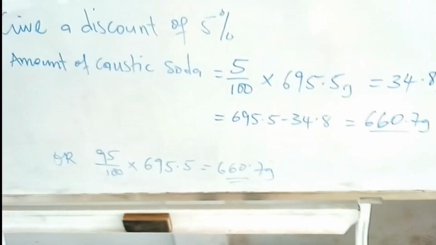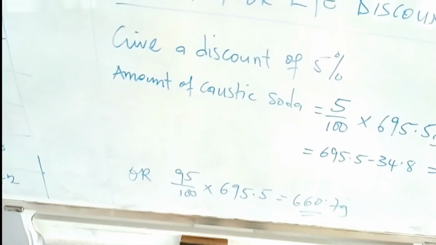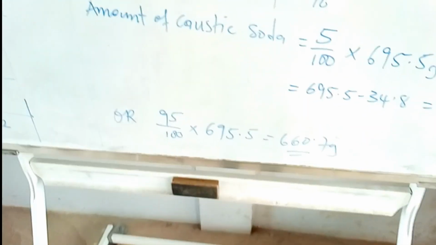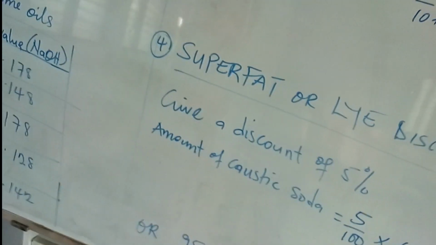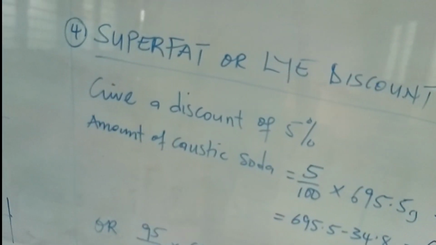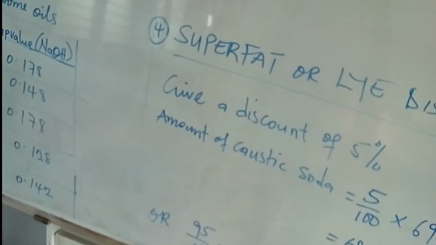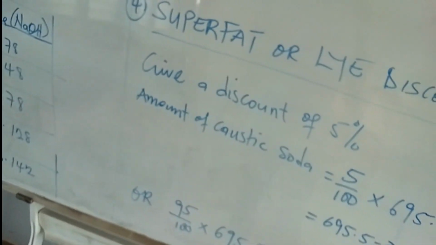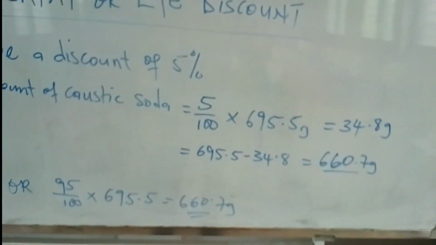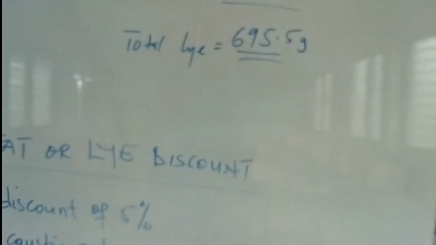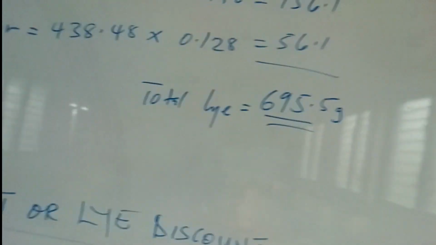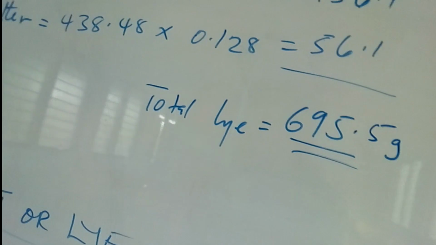So for this example, we'll be using a lye discount of 5%. With the lye discount of 5%, what would be our value? We have to reduce our caustic soda, which was 695.5. We'll reduce it by 5%.